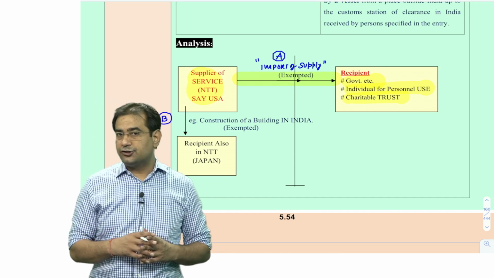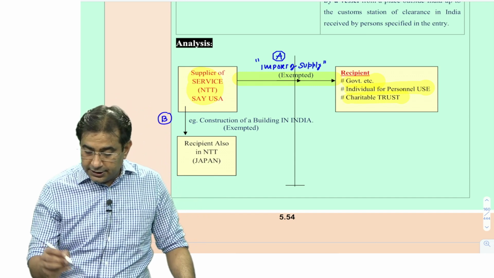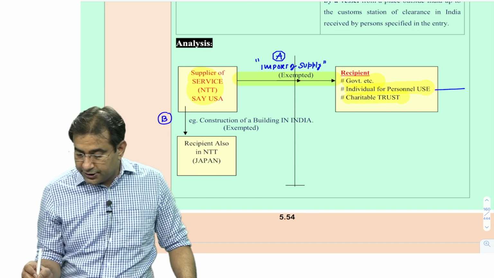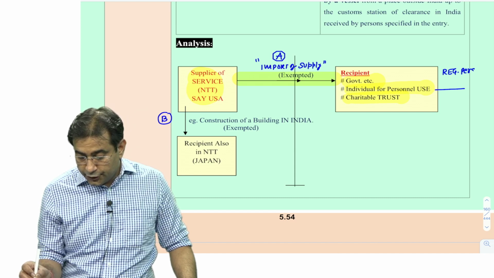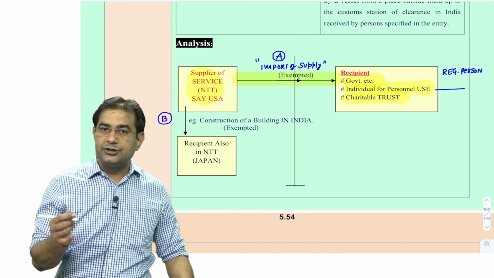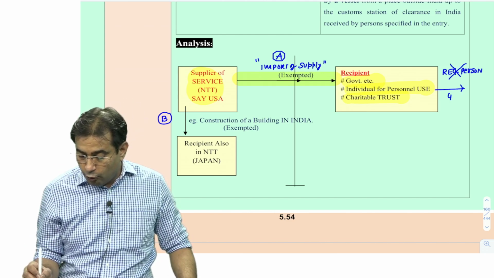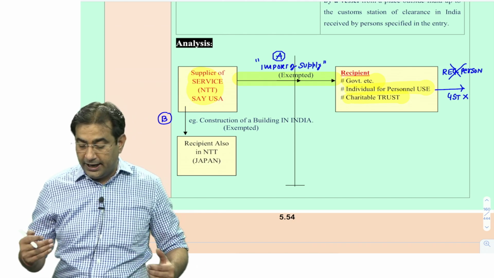In all three situations, one thing is common. These are not registered persons due to their own activity. Due to their own activity, they have no registration and are not required to pay any GST on their own activity.